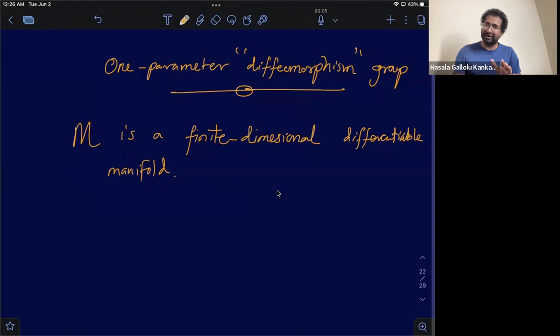For now, think of a differentiable manifold simply as a generalization of a differentiable curve or a differentiable surface to a higher dimension, to any dimension. And for simplicity, that's exactly what you're going to say.